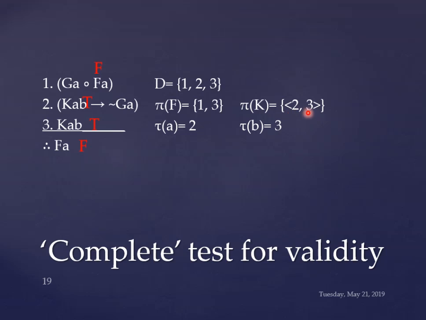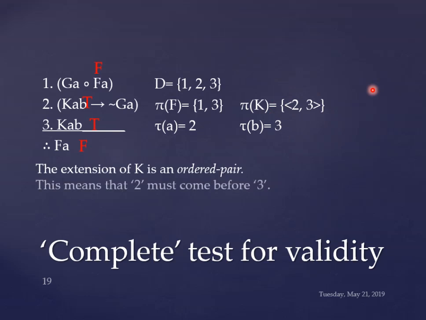That pattern is reflected in my formula right here. This is saying KAB, and here we have A, which is naming 2, and B naming 3. So what this is saying is that K bears 2 to 3, and that 2-to-3-ness is reflected in the extension of K, and so therefore it's true. So, to review, the extension of K is an ordered pair.